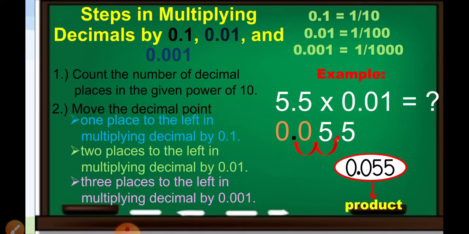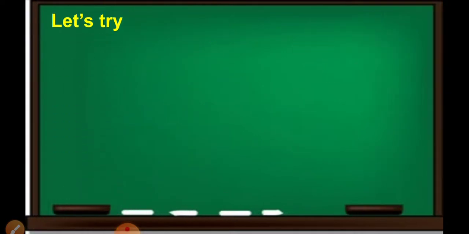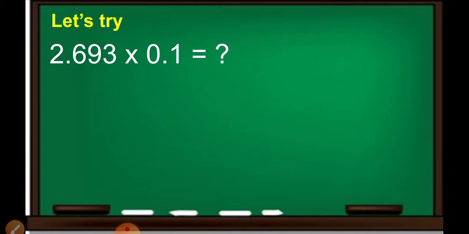Now, okay, let's try, if you understand. 2.693 times 0.1. Now, how many decimal places are there in the given power of 10? There is one decimal place.